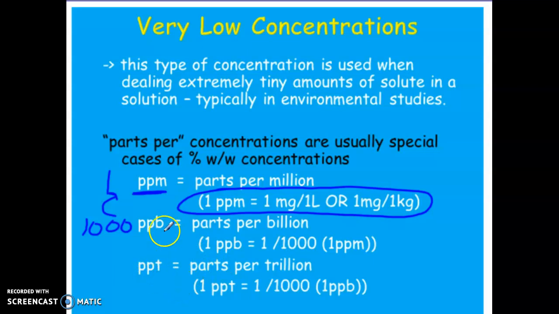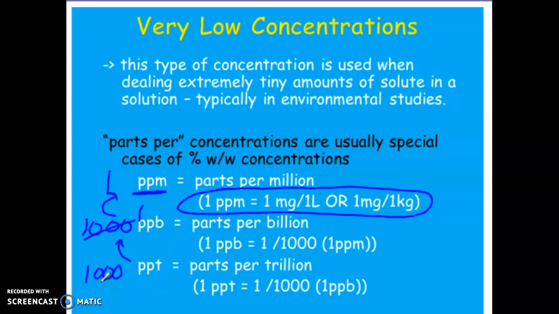So the solute amount is getting smaller and smaller. So 1 part per trillion is essentially 1/1000th of a part per billion. So it would take 1,000 parts per trillion to equal 1 part per billion. Okay, so very, very, very tiny.